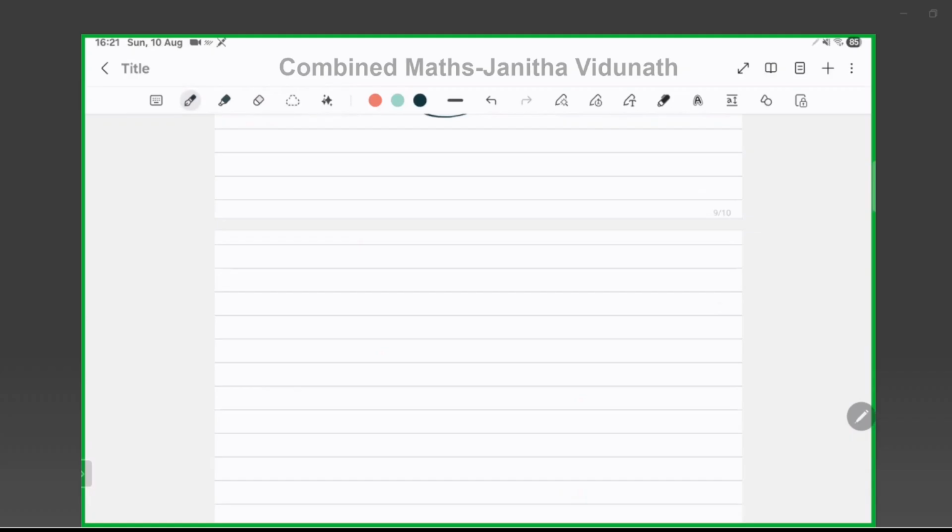Now I give a separate question. This is 2x cube minus 5x square minus 3x. Here our first rule is, if there is a common term for all terms, then we need to take it out.